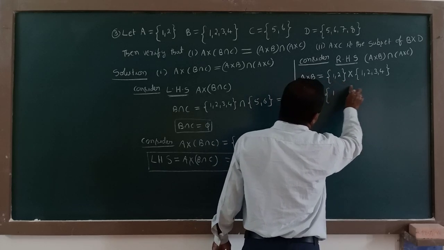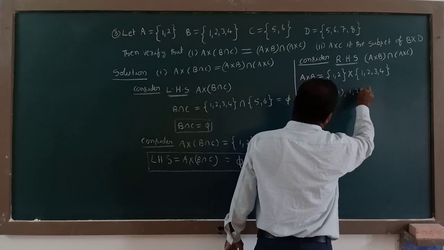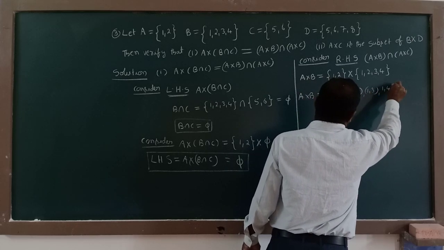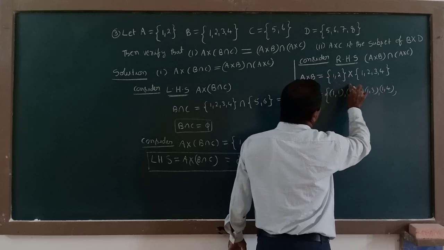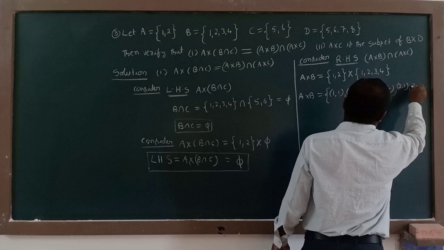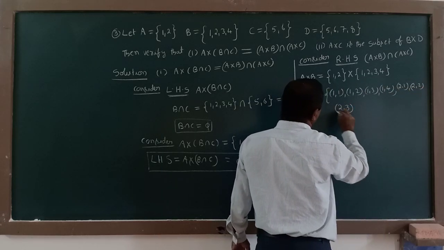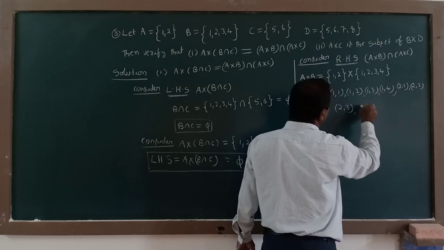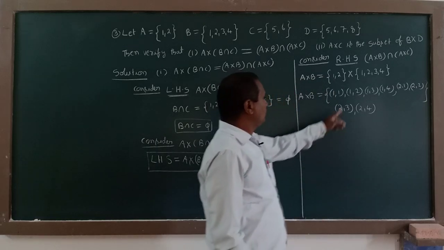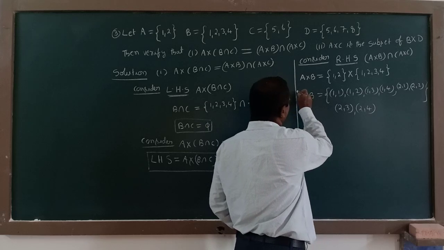Next start with 1 to all these 4 elements: 1, 1; 1, 2; 1, 3; 1, 4. Next start with 2 to all these 4 elements: 2, 1; 2, 2; 2, 3; 2, 4. Like that we have 8 elements: 1, 2, 3, 4, 5, 6, 7, 8. That is A cross B.